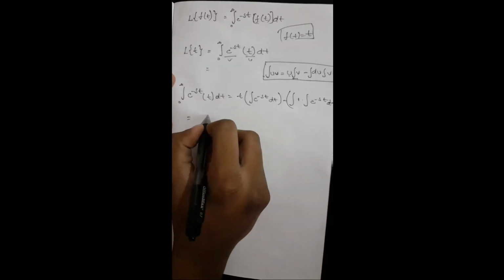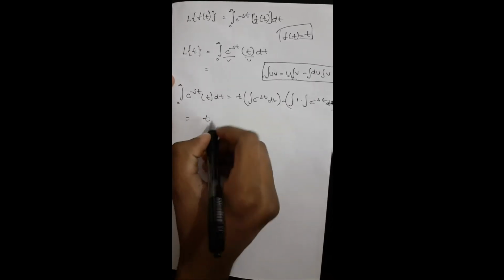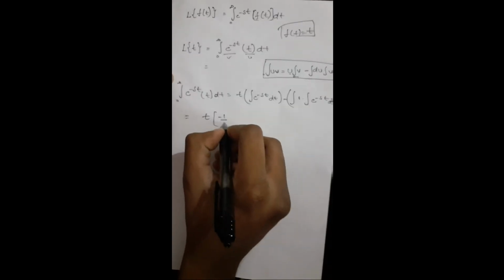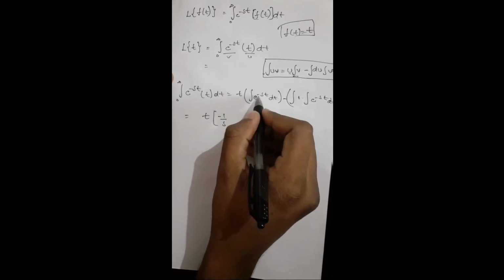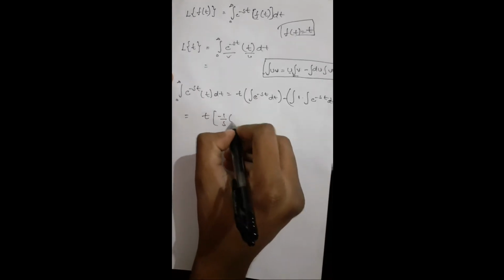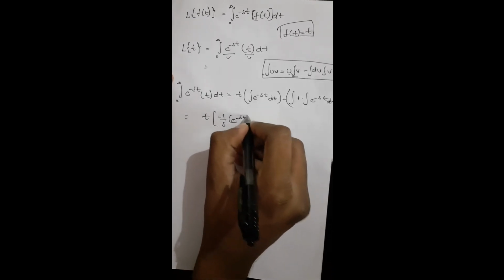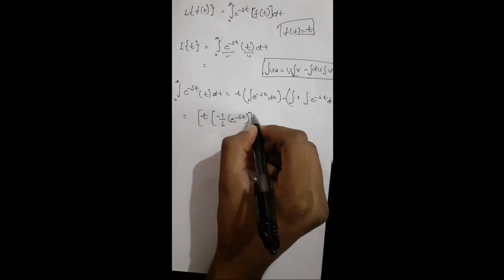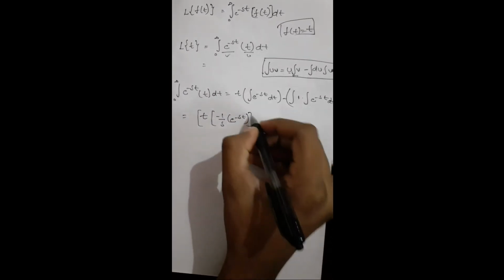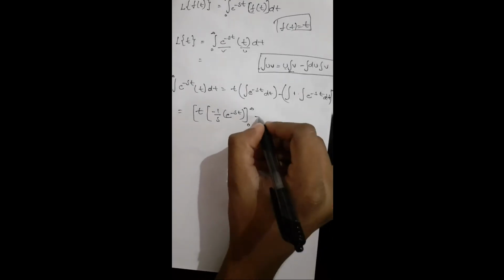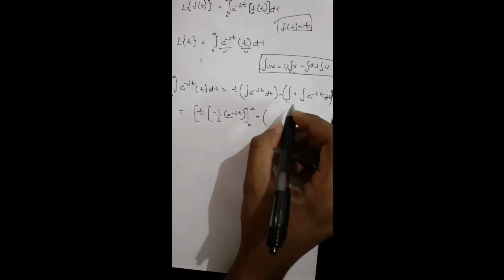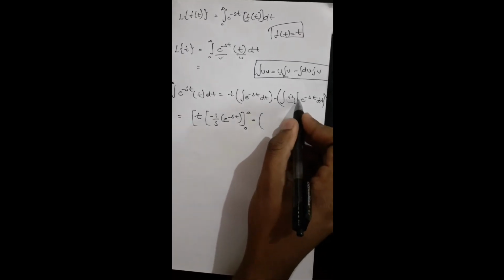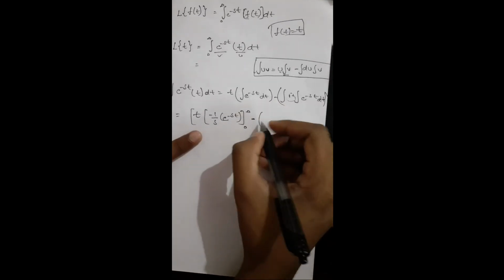So solving the equations, t into the integral of e to the power minus st, which is minus 1 by s into e to the power minus st, as we have taken limits 0 to infinity, minus, so no need to write 1 here, the integral of e to the power minus st as you all know.